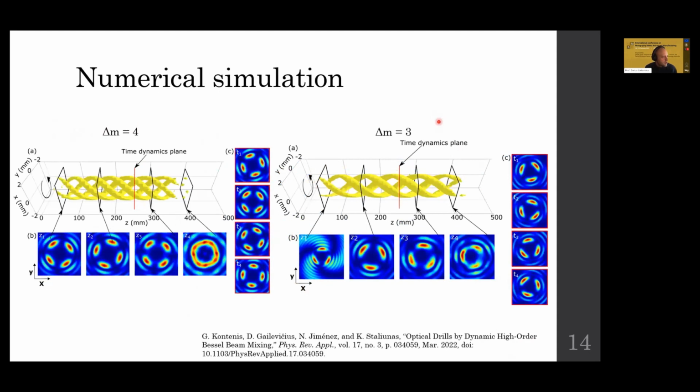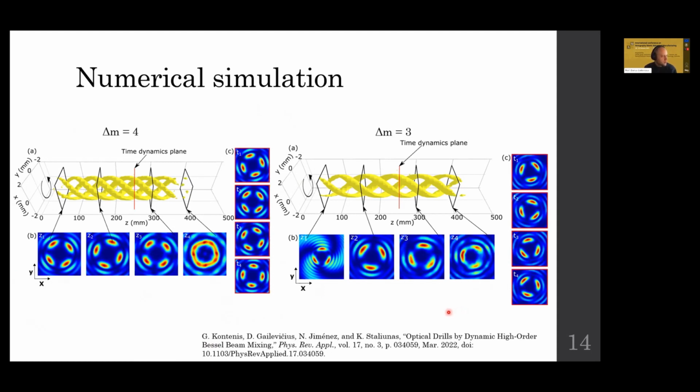To give you an idea how it looks, I am showing numerical simulations for 4 spiral arms and 3 spiral arms, evolving at a millimeter scale up to 300 millimeters or so, showing the cross sections of the structure, how it rotates in plane if dynamically actuated, and how it proceeds along the z direction.